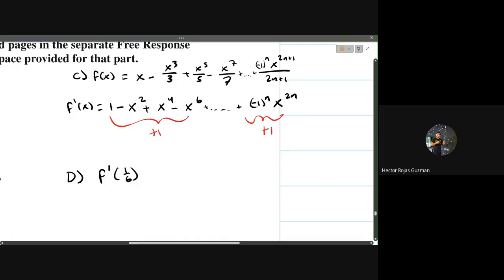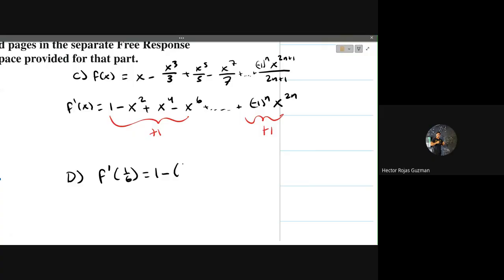Okay, plug in the 1/6 into your equation. 1 minus 1/6 squared plus 1/6 to the power of 4, 1/6 to the power of 6. Okay. Maybe I don't have to simplify it all the way. I'll leave it like this. We have a common ratio. We're multiplying by a constant to get the next term every time.